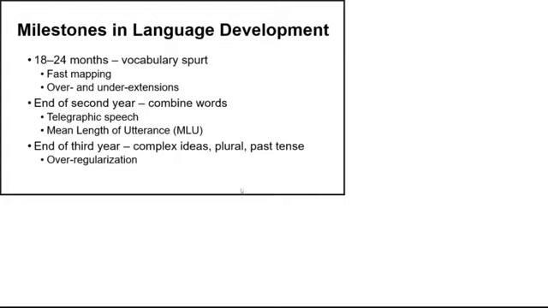And then after their 3rd year, so another year added on there, we start seeing complex ideas. We see the introduction of, say, the plural. So they'd be able to correctly add a plural to most words. We start seeing past tense, so recognizing that not everything occurs right now, but they can refer to things that happened in the past.